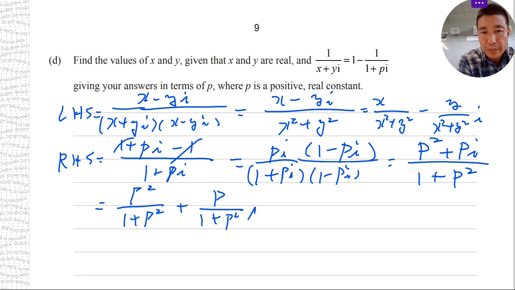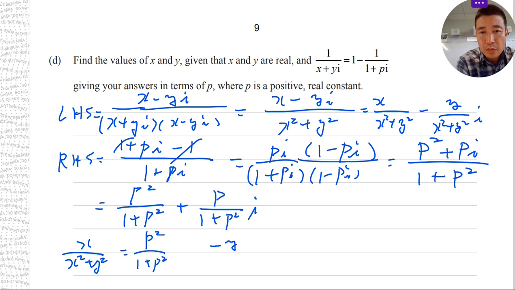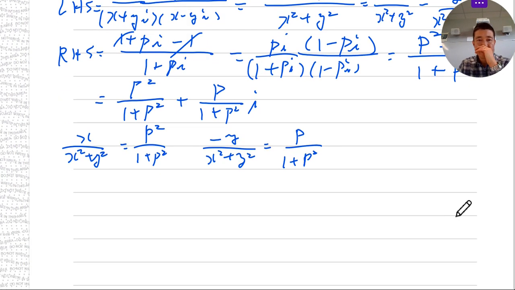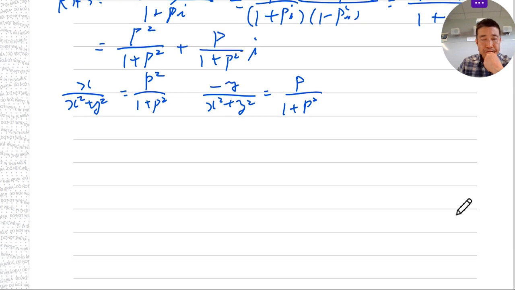Alright? Because the left and right are the same, I can say x over x squared plus y squared equals p squared over 1 plus p squared, and then minus y over x squared plus y squared equals p over 1 plus p squared. So we have to simplify this.